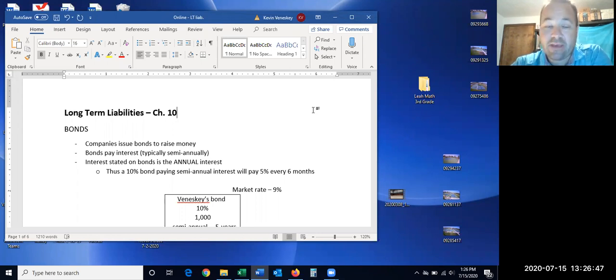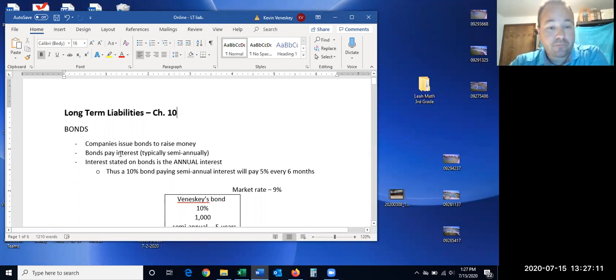The way to do that is companies have to find the present value of their bond. And the present value deals with the time value of money. We're going to look at some charts that help us determine the present value of what something is worth today at a discounted rate, based on the amount of interest being different.